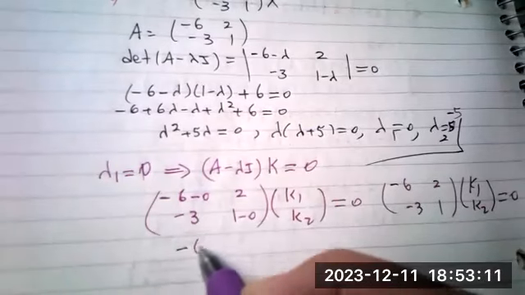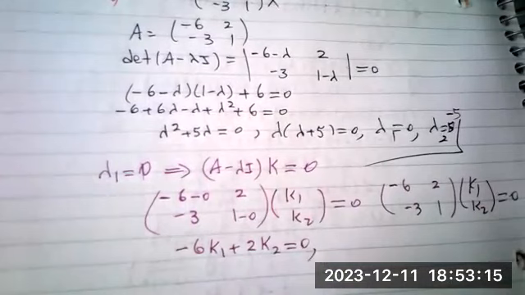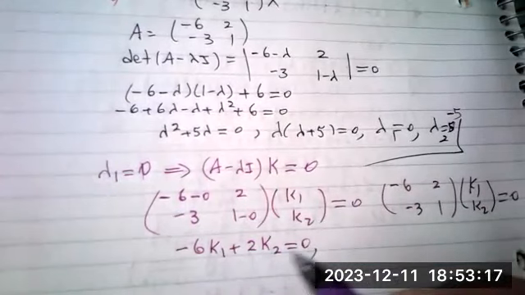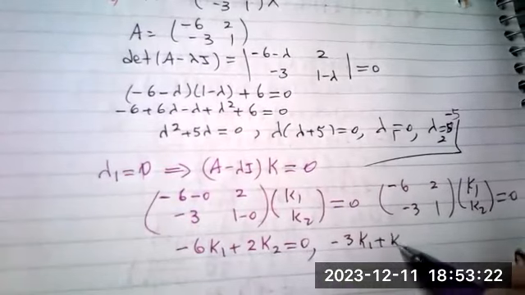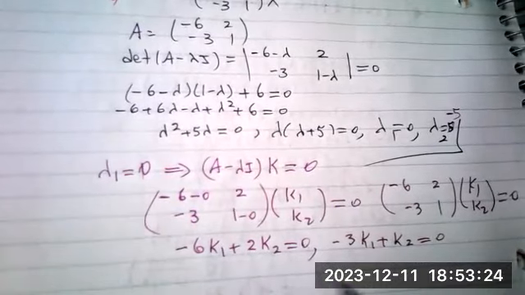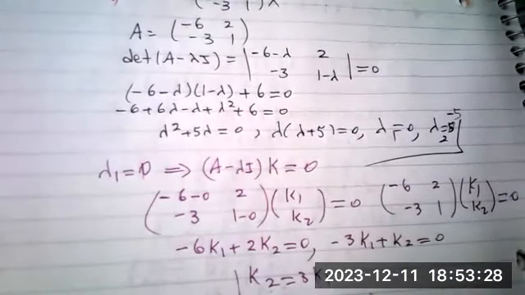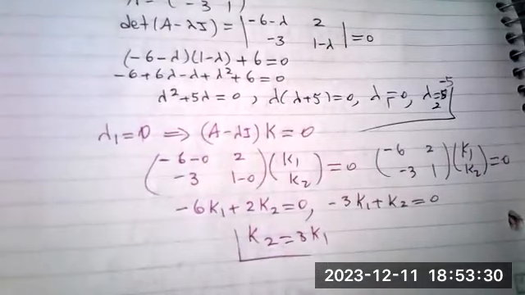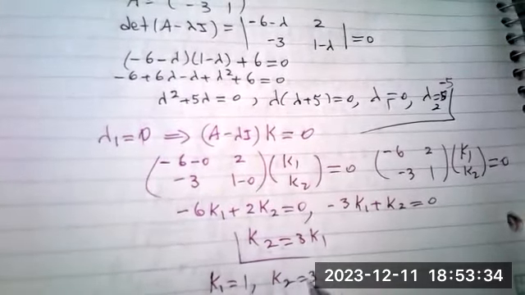The first one gives you negative 6 k1 plus 2 k2 equal to 0. Divided by 2, that gives you negative 3 k1 plus k2 equal to 0. So k2 equals 3 k1. Pick a number, k1 equal to 1, k2 equal to 3.